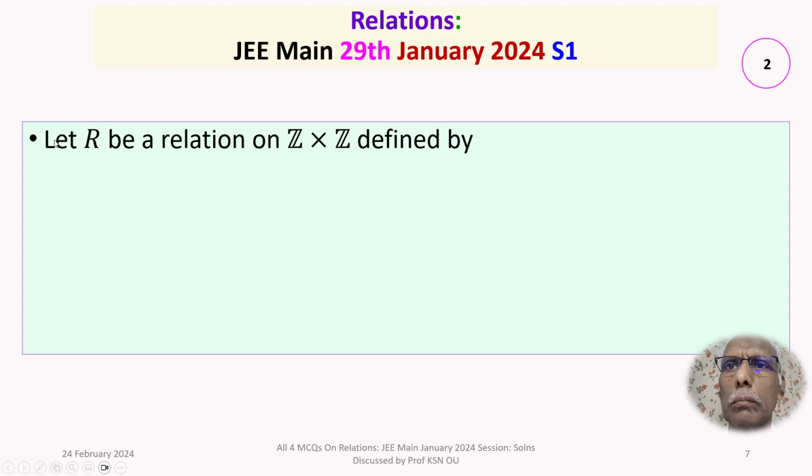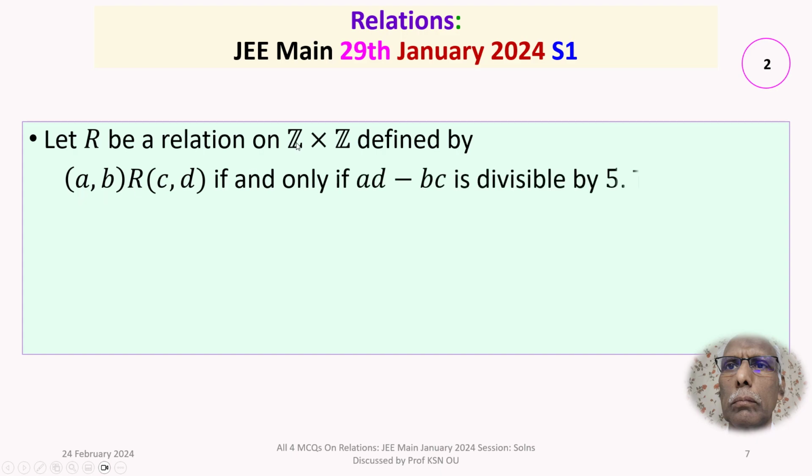The given question is, let R be a relation on Z cross Z defined by. Now, it is on the Z cross Z. Who are the elements of Z cross Z? All ordered pairs A comma B, A belongs to Z, B belongs to Z. So, the relation is defined on Z cross Z as A comma B is related to C comma D if and only if AD minus BC is divisible by 5.